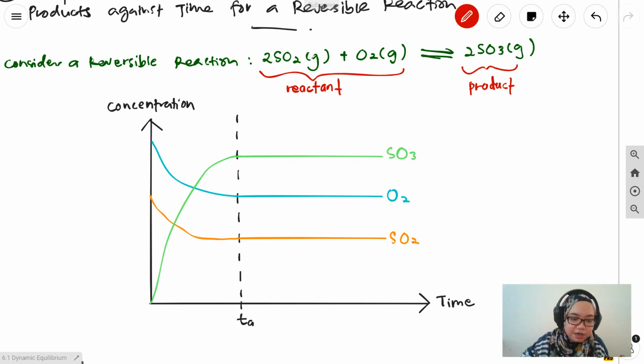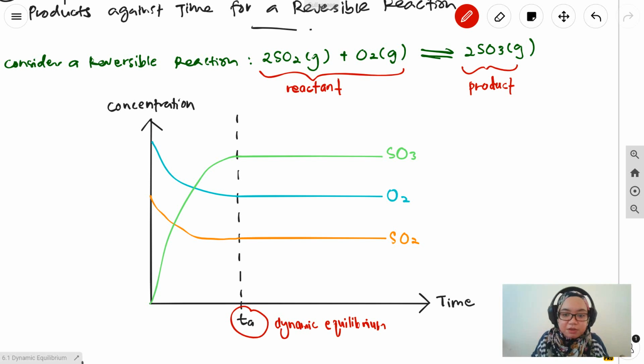However, upon reaching this point, TA, which we call dynamic equilibrium, at this point of time, the concentration of SO3 gas, oxygen gas, and SO2 gas remain unchanged. It remains constant for both reactant and product over time.